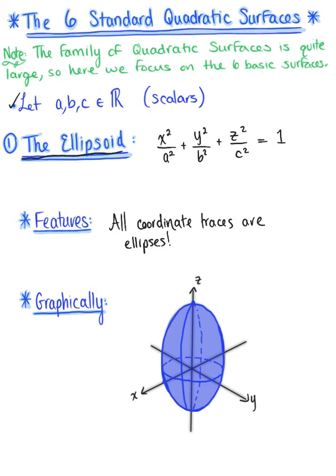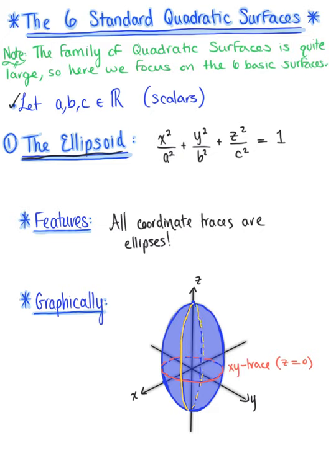So looking at the graphical representation of the surface of an ellipsoid, we can see these different traces. Here is our xy trace. Remember, the xy trace is where z is equal to 0. We can see the xz trace here coming down from above.